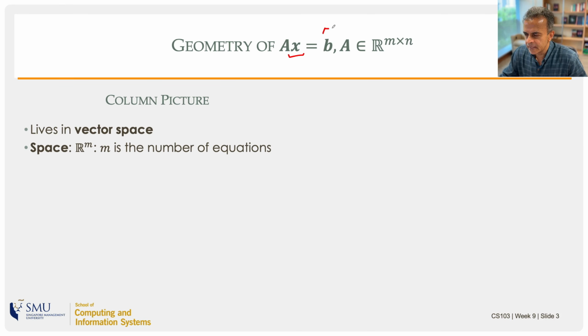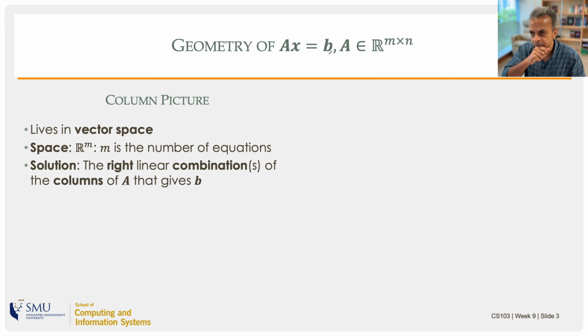It's got m components because each equation has a constant on the right hand side, and that becomes the component of the vector b. Then what this equation is saying is that if you take the columns of A and start forming linear combinations, at some point you might get b, and that particular linear combination is the solution. So that's what it is saying.